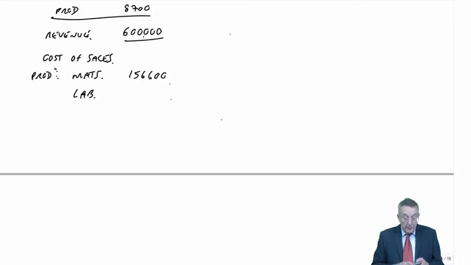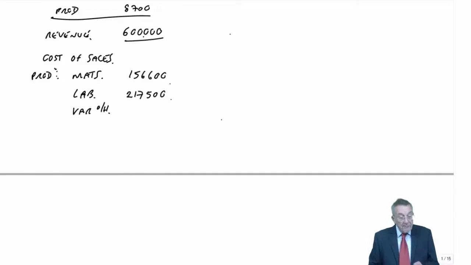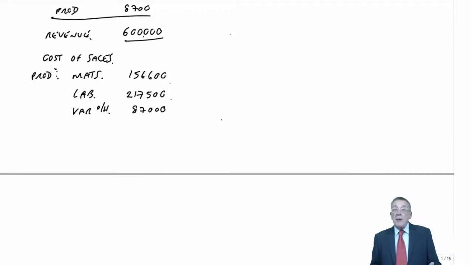Labour. Again, 8,700 produced. From the cost card, it should be 25 a unit. So 217,500. Variable overheads. 8,700, $10 a unit, 87,000. And remember, we're using marginal costing for the moment.